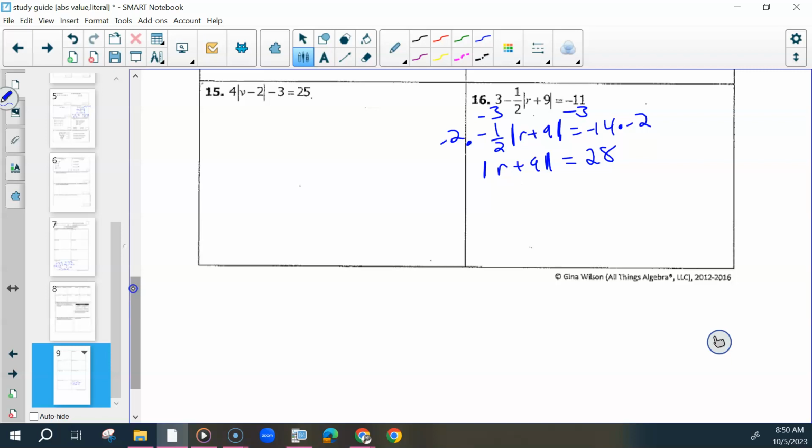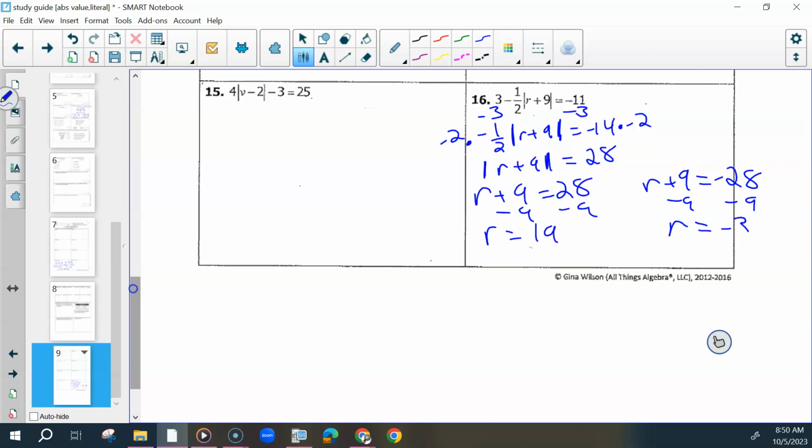And then once it's isolated, we can drop the absolute value, set it equal to a positive and negative 28, and subtract 9 on both. We have negative 37 and 19.